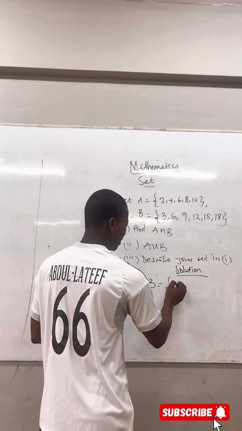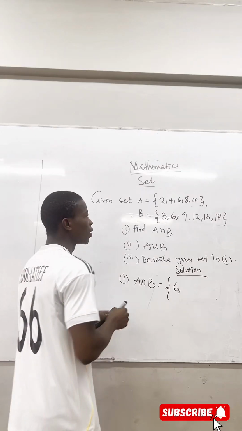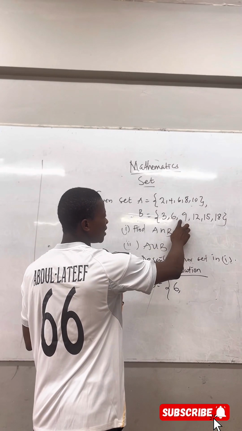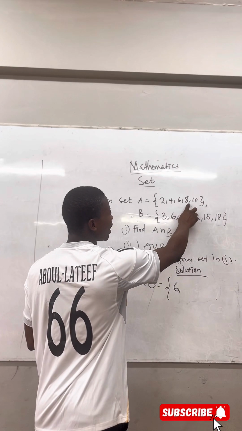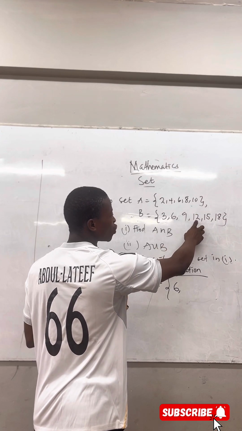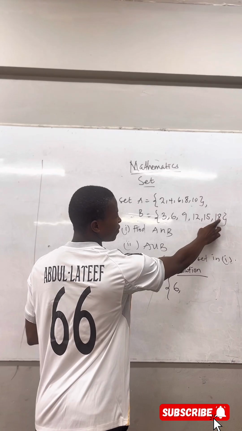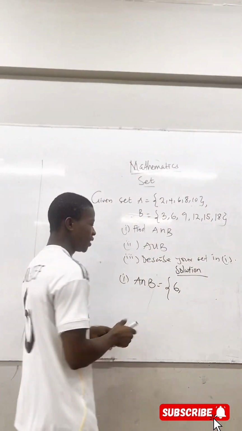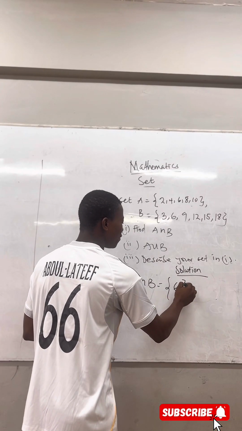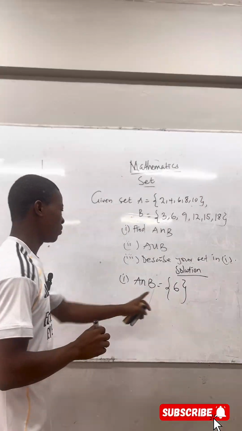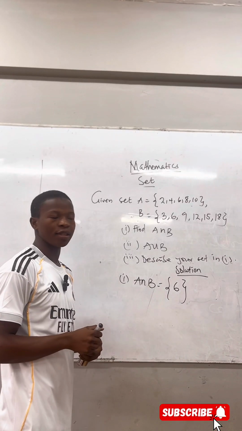So we write 6. We have 8 here, we don't have 8 here. We have 9 here, we don't have 9 here. We have 10 here, we don't have 10 here. We have 12 here, we don't have 12 here. We have 15 here, we have 18 here, we don't have 18 here. So we have 6 as our A intersection B.